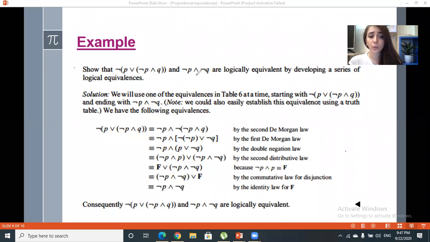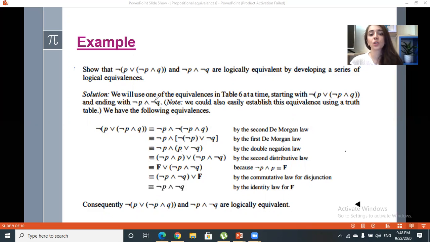Firstly, we will use one of the equivalences in Table 6, but I will mention Table 6 at the end of this slide, okay? Starting with ¬(P ∨ (¬P ∧ Q)) and ending with ¬P ∧ ¬Q.